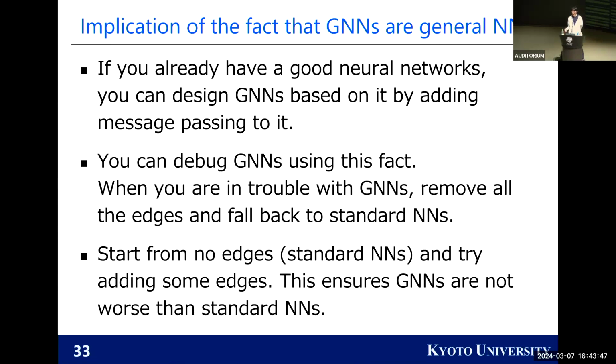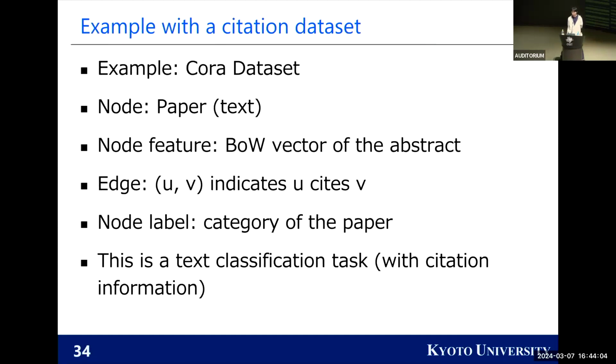We can start from the performance of standard networks, and we can improve the performance by adding good edges. Okay, so this is how we can use graphs to boost the performance of neural networks.